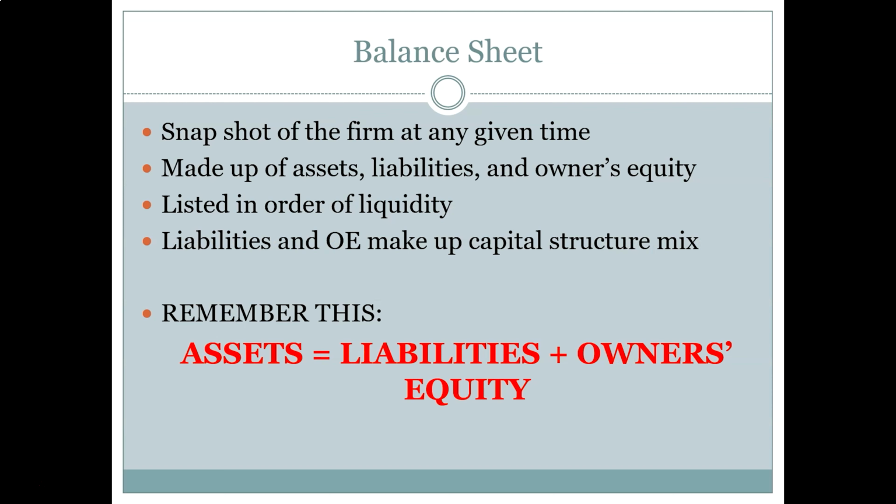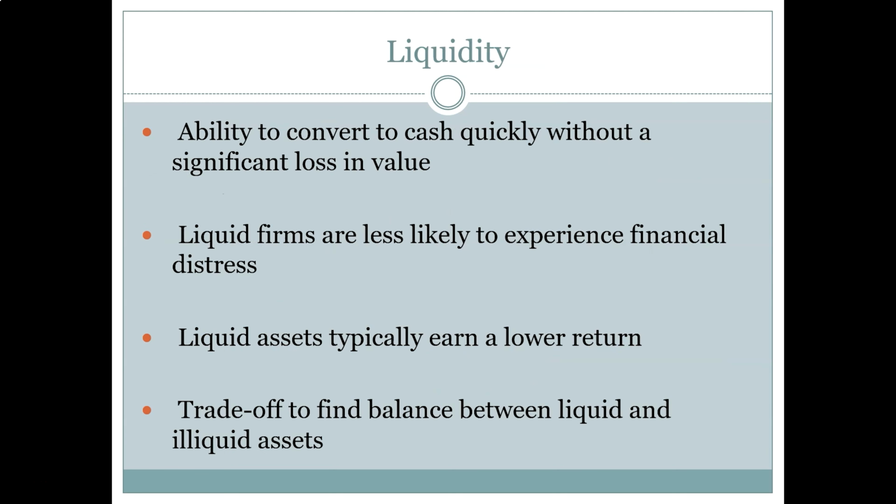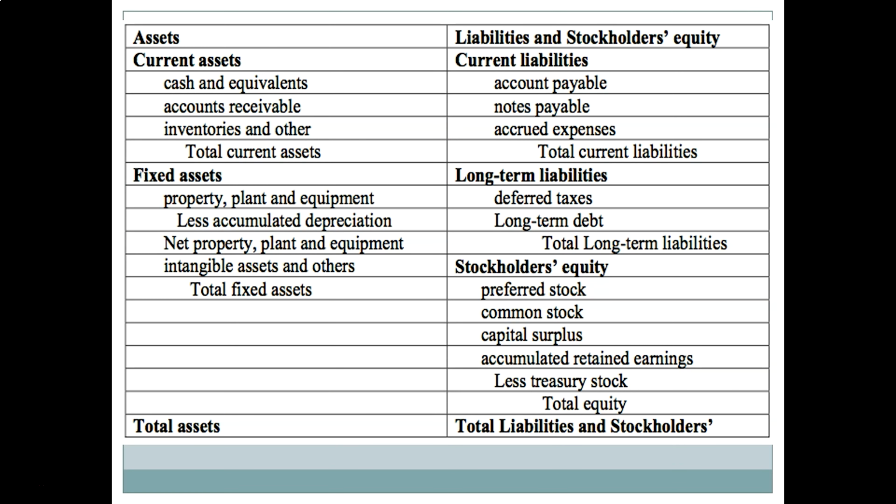We talked about some of the things that are important for the balance sheet, and we left off talking about liquidity, right? Where liquidity is the ability to convert an asset into cash quickly without a significant loss in value. We talked about how assets and all items on the balance sheet, so assets and liabilities, are listed in order of liquidity.